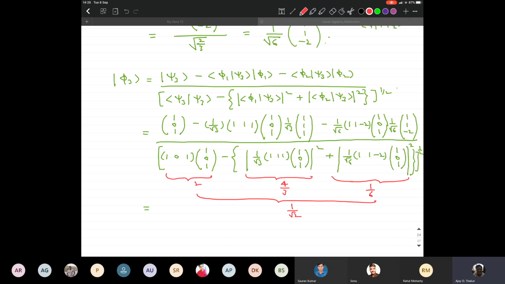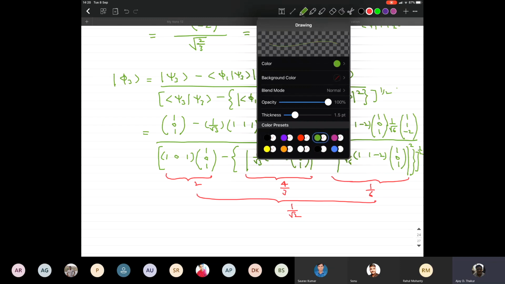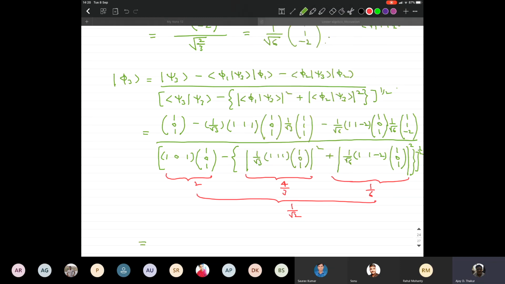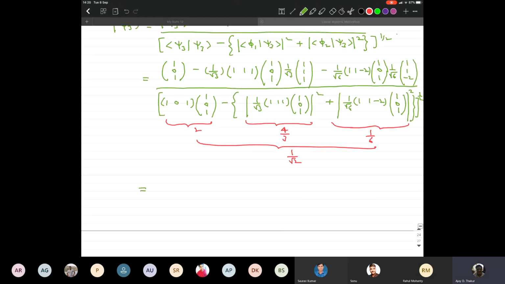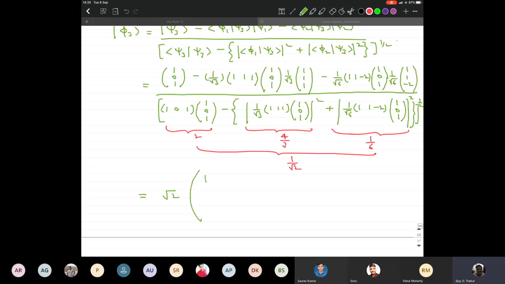So therefore, if we try to find this quantity, we will have a vector which is having in the denominator 1 over root 2. So basically I multiply by root 2 here, and then over here (1, 0, 1) was surviving, but then I have a quantity which is 1 plus 1, 2 by 3, and you have to subtract it.